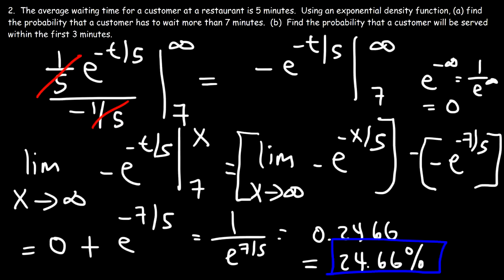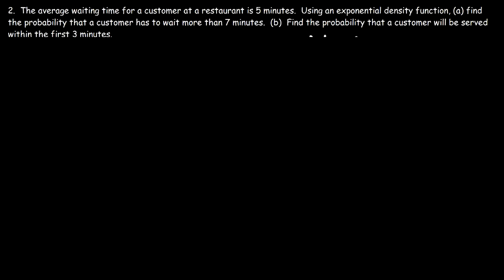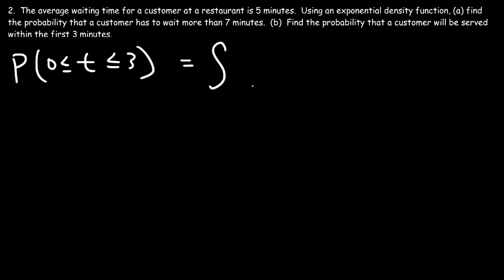Now let's move on to part B. Find a probability that a customer will be served within the first 3 minutes. So we need to find a probability that t is between 0 and 3. So we need to find the definite integral from 0 to 3 of this function.